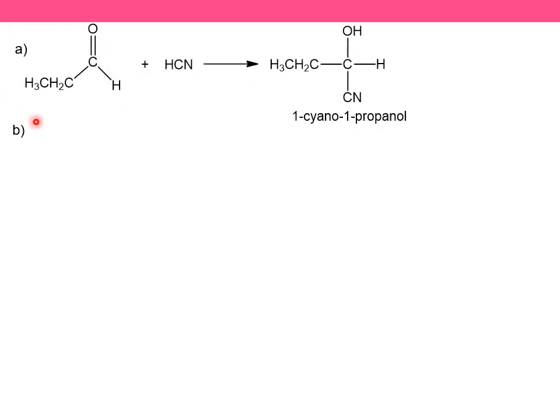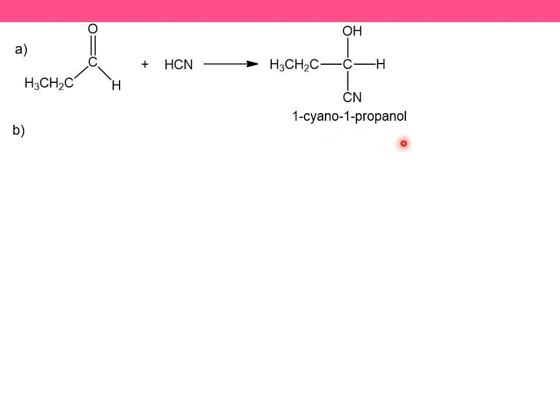So write the reactant, propanol, the reagent, HCN, and then the product, where you attach the CN to the carbonyl carbon, which has the hydroxy group. The name of the product is 1-cyano-1-propanol.